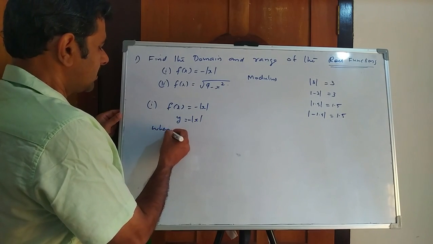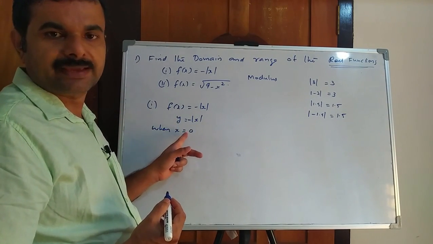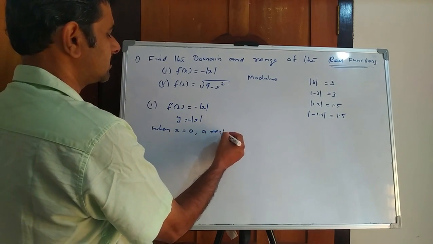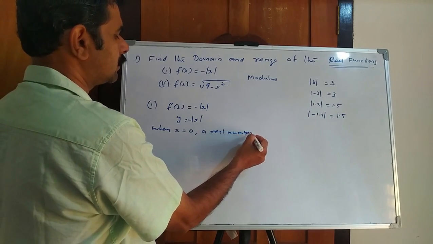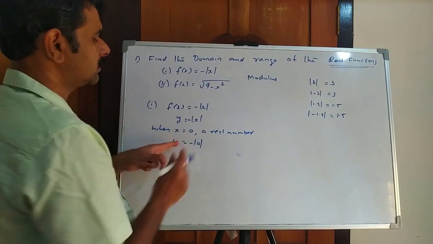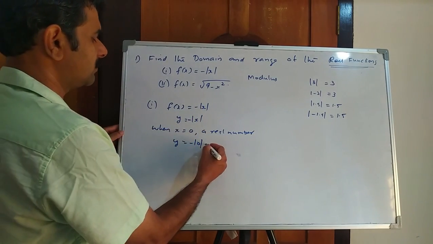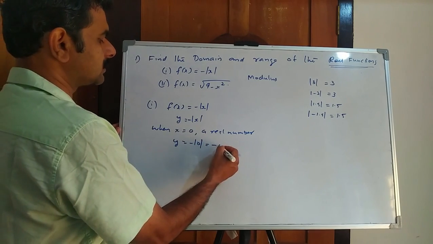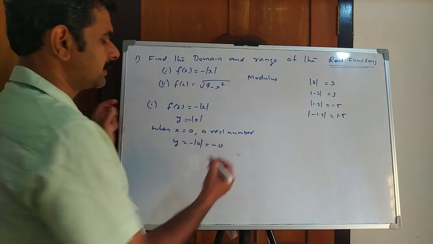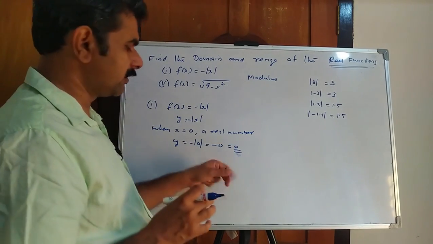When x is equal to 0, is 0 a real number? Yes, a real number. What will be y? y is equal to minus mod 0. So we are putting x as 0. Mod 0 is 0. Minus mod 0 is 0. What is minus 0? That is 0. So we got a y value.